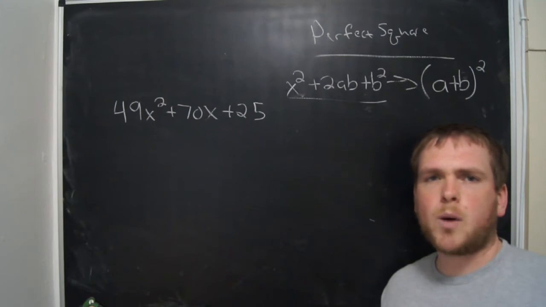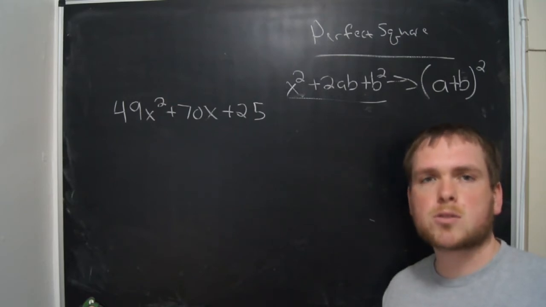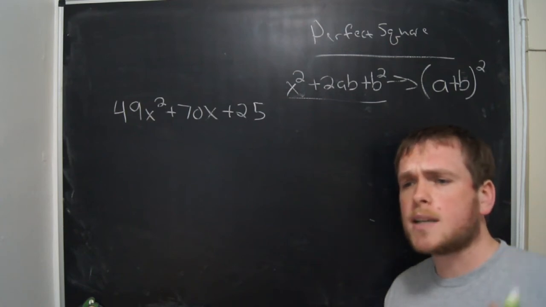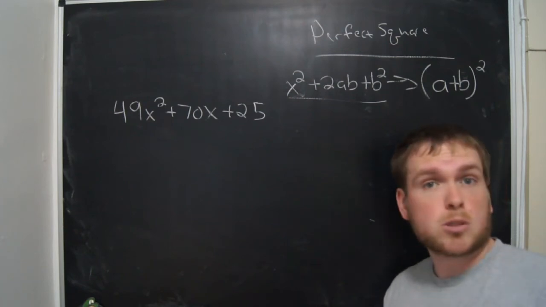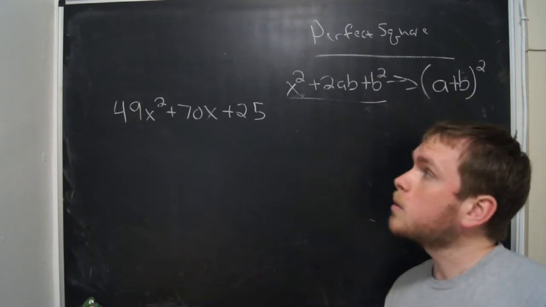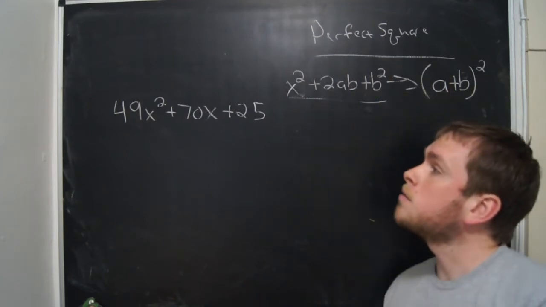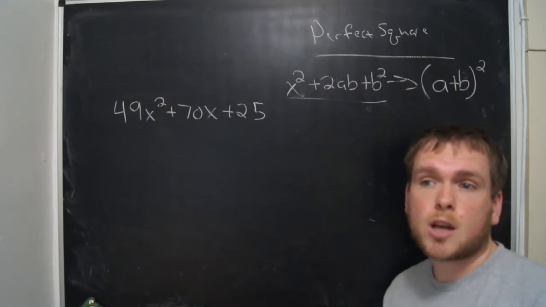Now, you might say to yourself, why would I put myself through all of that trouble, right? I could have just set up my x, and I could have just found my two terms and I would have been done. And you're right, you could have done that. But where the perfect square method really comes in handy is when you have polynomials that have leading terms other than 1.